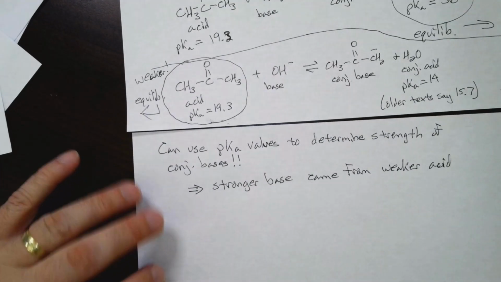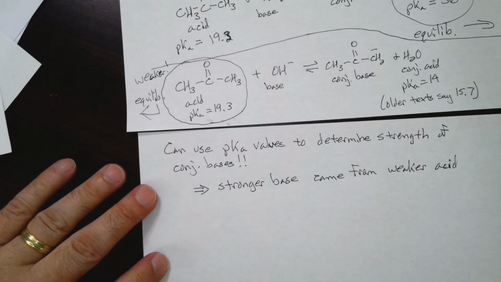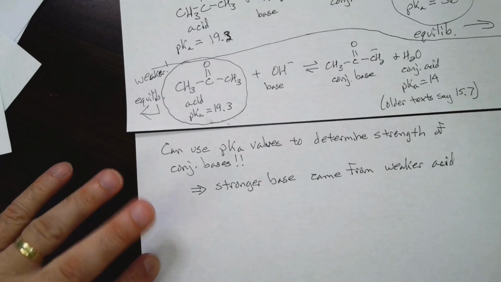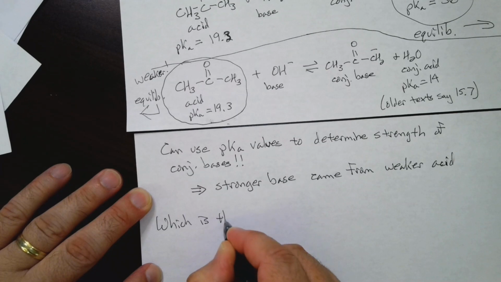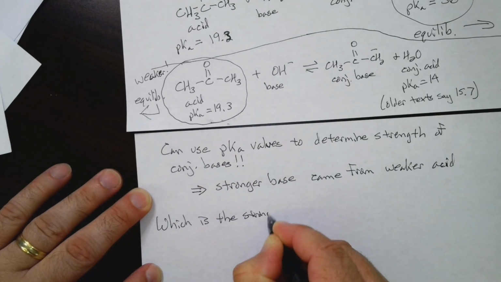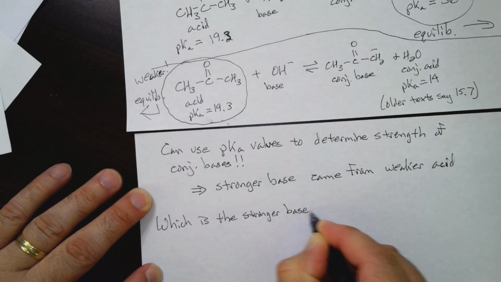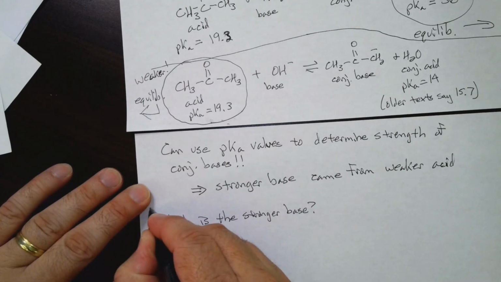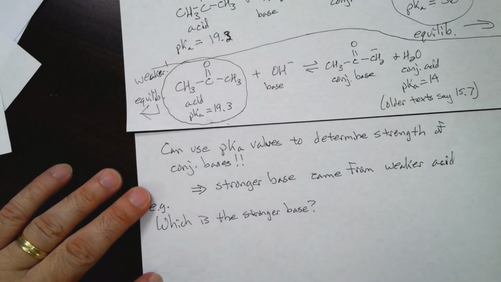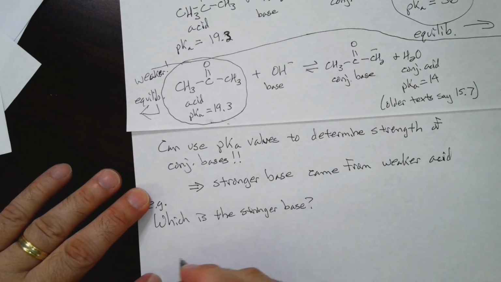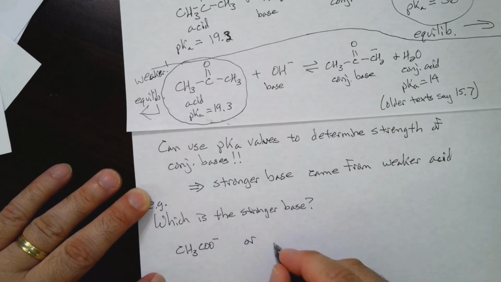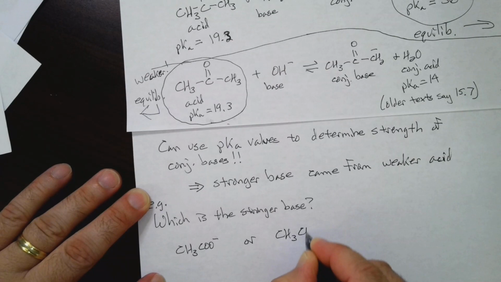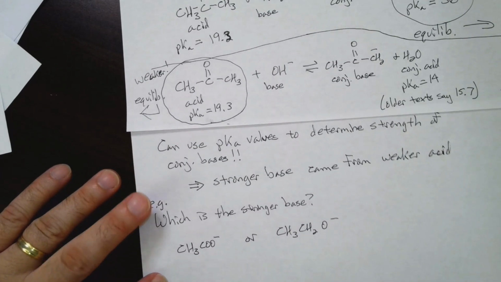So let's say we want to figure out some base strength here. Which is the stronger base? This will be an example here. Let's do CH3COO minus or CH3CH2O minus.